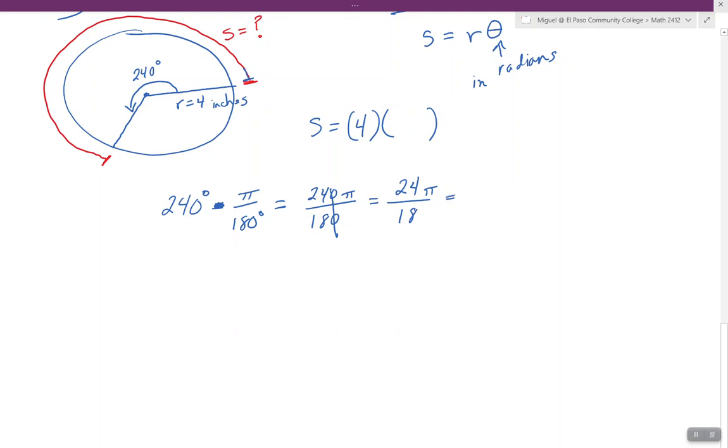What goes into 24 and 18? 6 goes into 24 and 18. So we get 4 over 3. Can we reduce any more? No, 4 and 3 are relatively prime, so that's the angle that we're going to put in here.